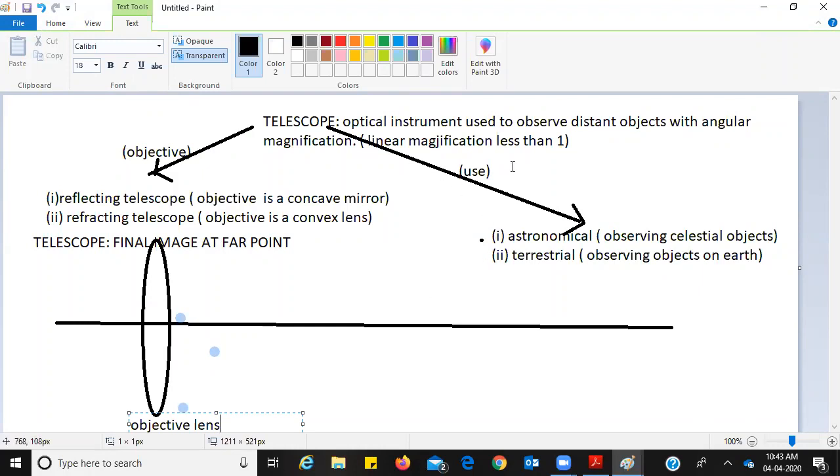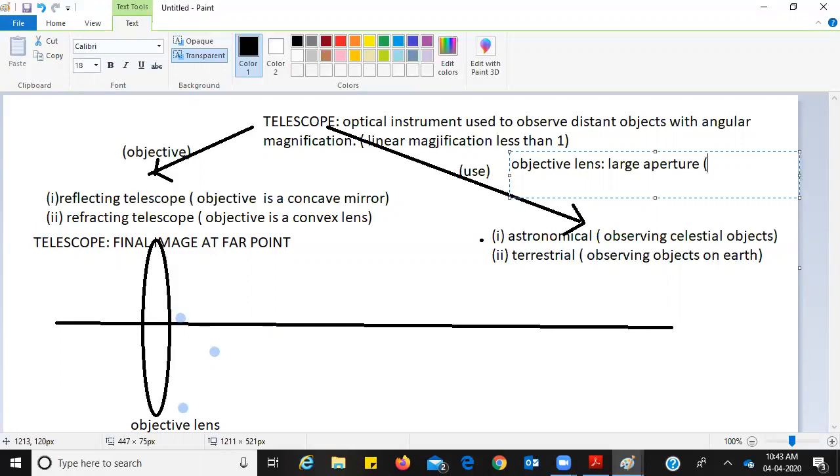That's two cases, so I'm noting here. Objective lens, property number one: large aperture. Large aperture for the objective lens.